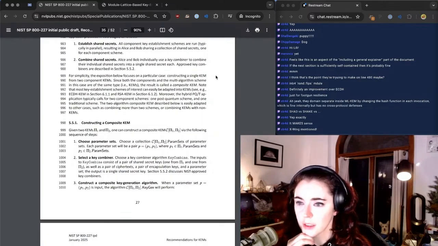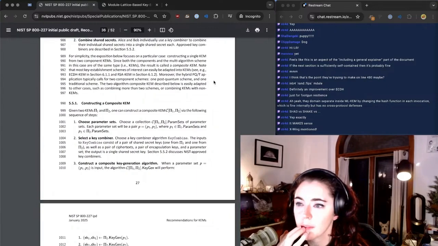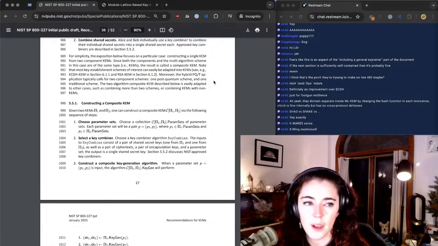Okay, section 5.5.2. Okay. It's actually a single component KEM. Oh, okay. Yep. DH KEM. Yep. DH KEM. More of a hybrid PQC adaptation. That's basically what X-Wing does.